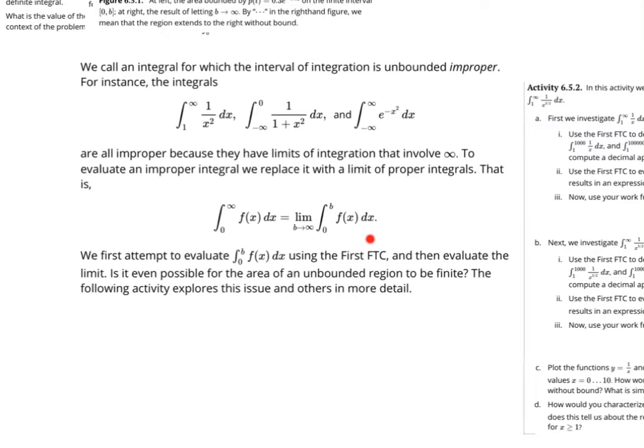And then once we're done with that, we calculate the limit and see if it exists. If that limit exists, we're going to have an unbounded region that has a finite area, which is kind of crazy, but it does happen. If this limit doesn't end up existing, or if that limit is infinity, then the unbounded region has unbounded area.